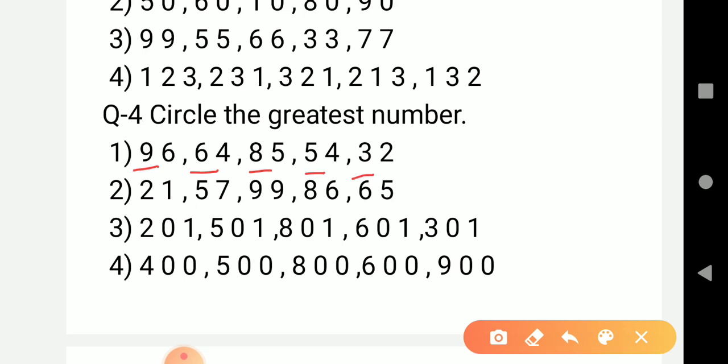In the tens place, 9 is greater than the others. So 96 is the greatest number in the following. Now 2, 3 and 4 are from your home. Compare and circle the greatest or smallest number. Understood?